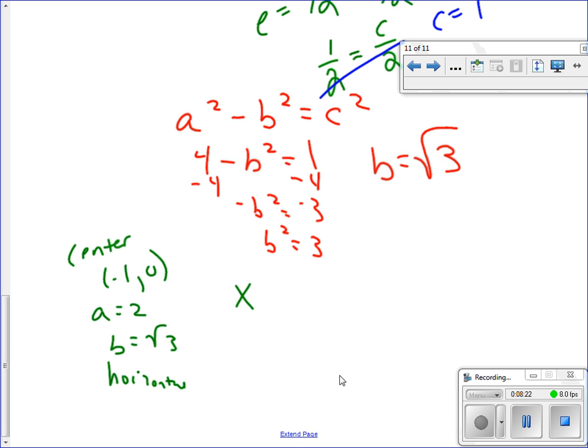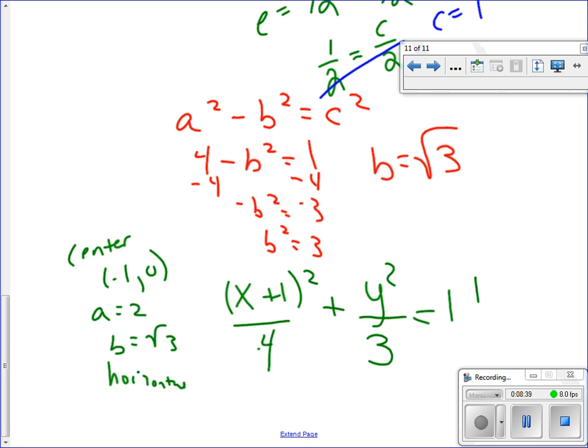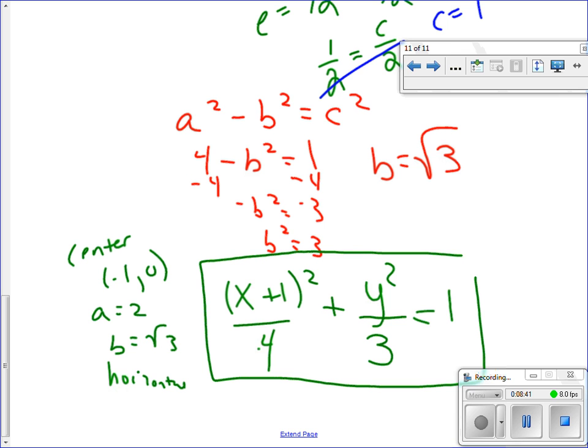So my numerators are going to be x plus 1 squared and y squared. That gives me my center at -1, 0. Because it's horizontal, A will go with the x, so a squared will be 4, which means that b squared goes with y. And that's my equation for this ellipse.